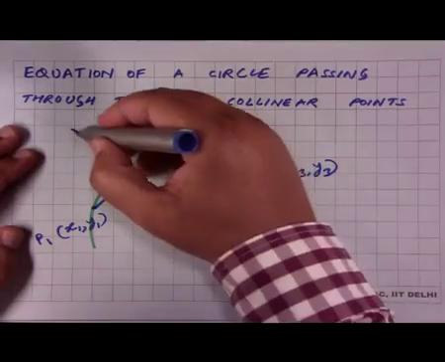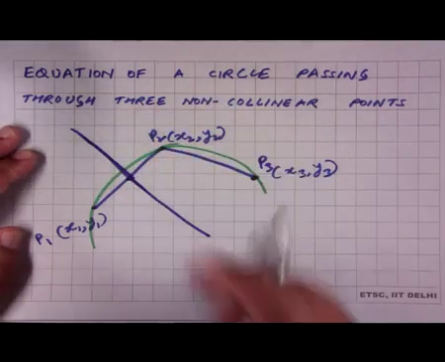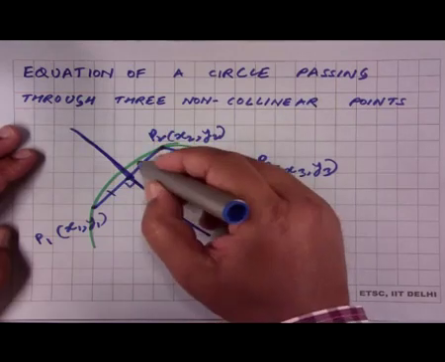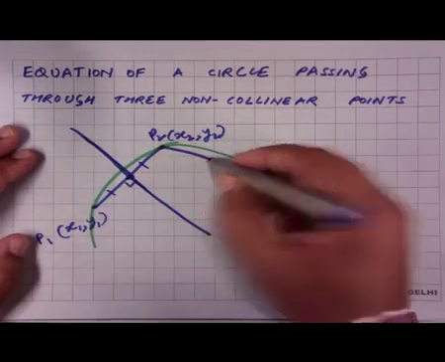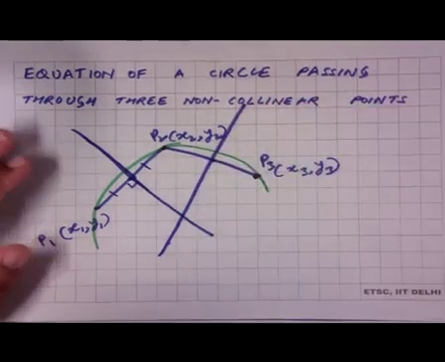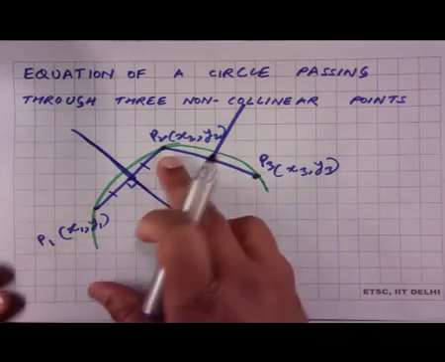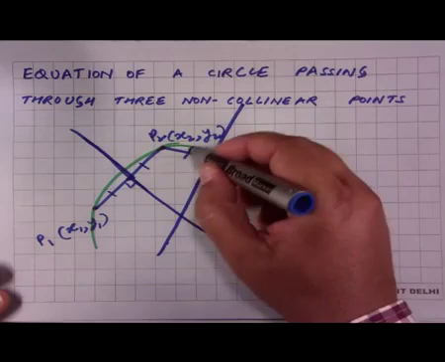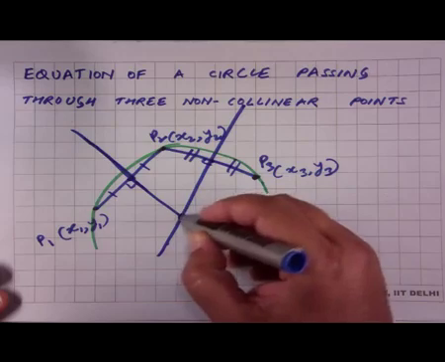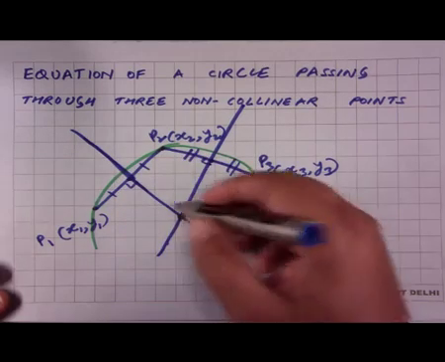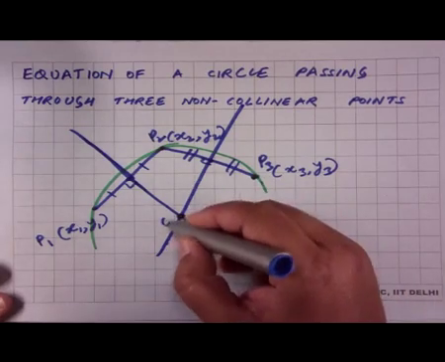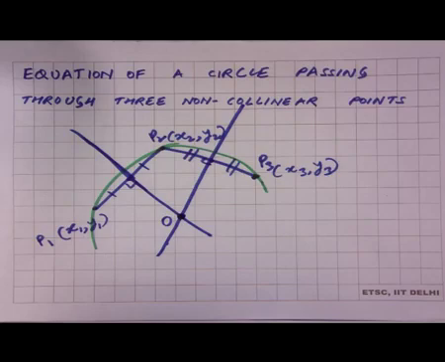We just need to construct, so let this line be the perpendicular bisector of the chord P1P2, and let this line be the perpendicular bisector of the chord P2P3. And then of course, the point of intersection of both these perpendicular bisectors is going to be the center of the circle.